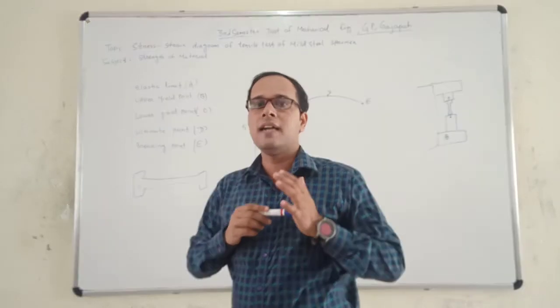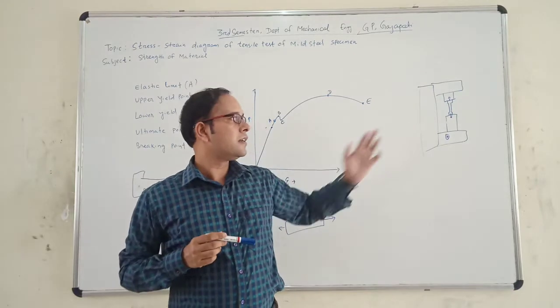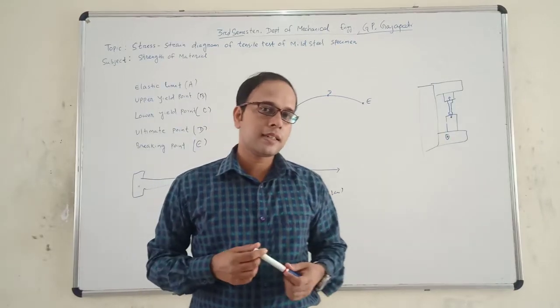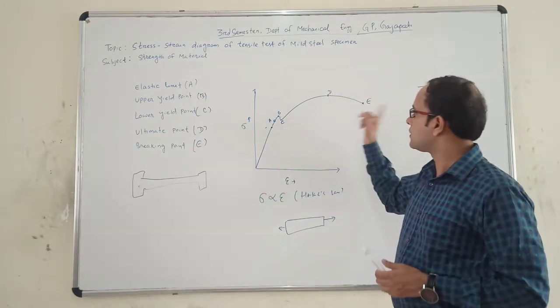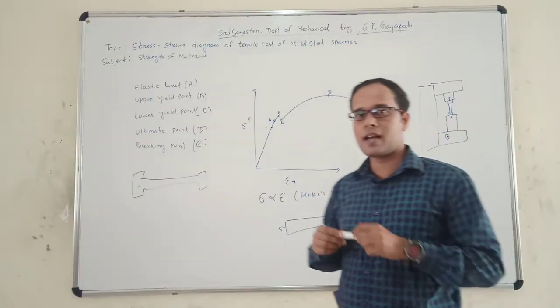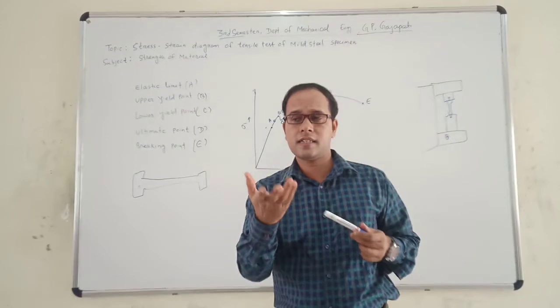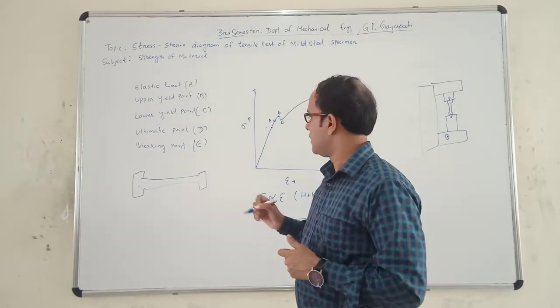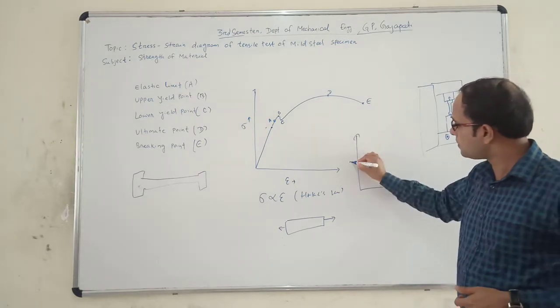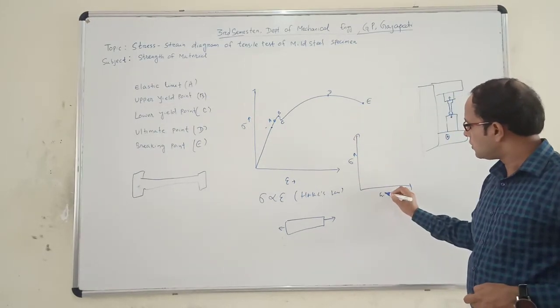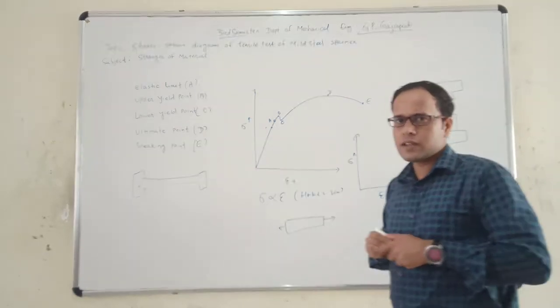Whenever we put mild steel on a machine and conduct the tensile test, we get the curve like this. Suppose we are having cast iron or a rigid body like glass material. How will we get the stress versus strain diagram for glass? We know very little deformation will occur.